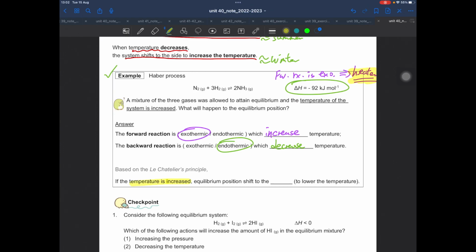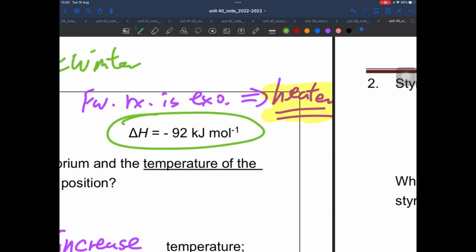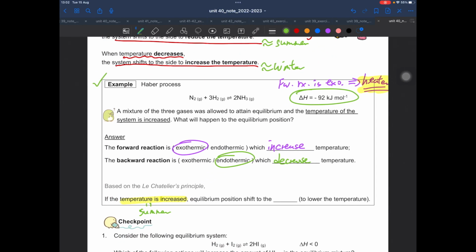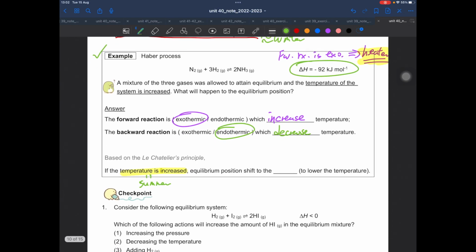But okay, here comes when temperature increases. When temperature increases, just like summer, the temperature is high. So what will you do? Will you use heater? No, right? So no or less forward reaction. In summer, I prefer to use aircon. So this will shift to left.